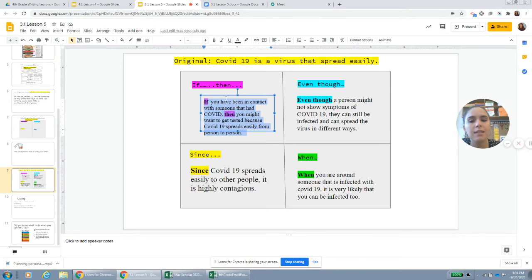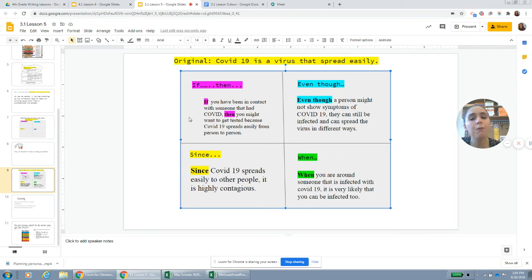So the if-then statement. I decided, if something, then something. How can I say this sentence in the same way? So I said, if you have been in contact with someone that had COVID, then you might want to get tested because COVID-19 spreads easily from person to person.